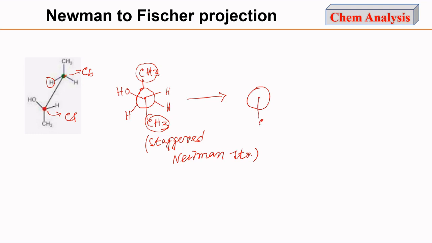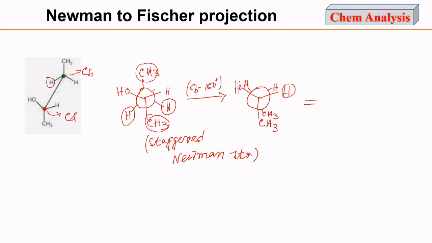Since here we want to keep these two methyl groups along the vertical axis, we have to bring these two methyl groups in the cis, that is eclipsed structure, and to make this we have to rotate the back carbon by 180 degrees, either clockwise or anti-clockwise. And after 180 degree rotation, this hydrogen atom will go on the right side and will be eclipsed to this hydrogen atom, and this hydrogen atom will be eclipsed to the OH group hydrogen.